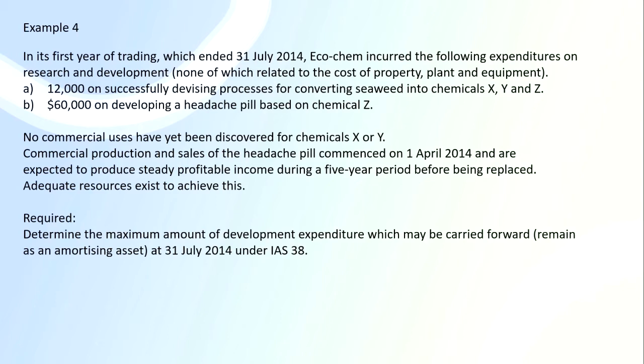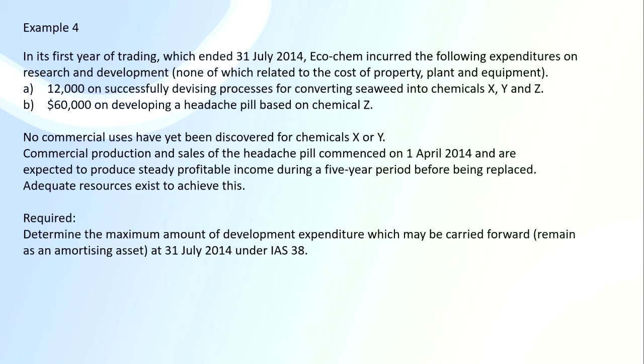So the second phase, which is 60,000: now the company has already produced a drug, the headache pill, from chemical Z. This is commercially sold in the market on 1 April 2014.